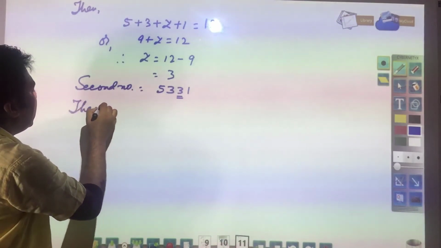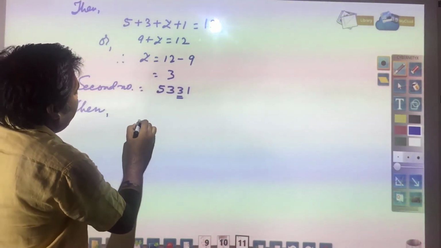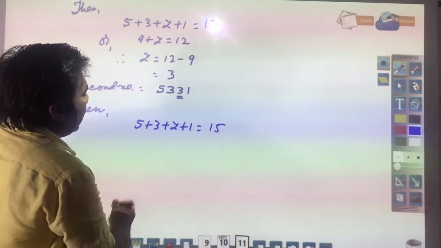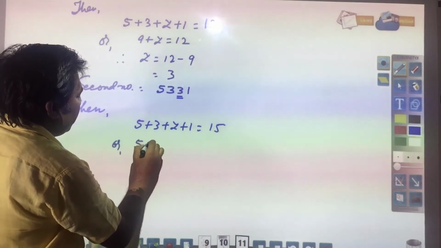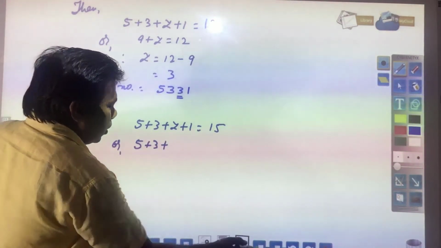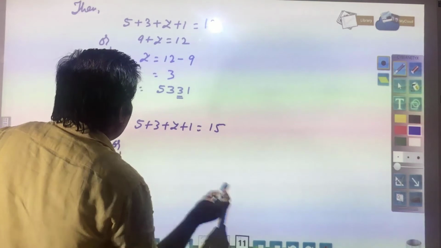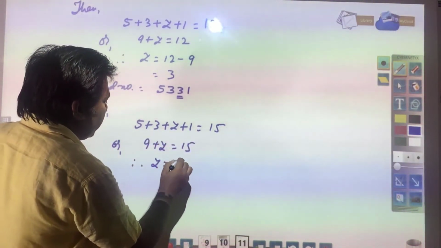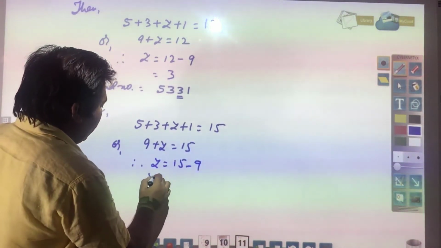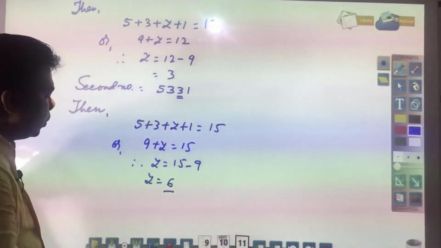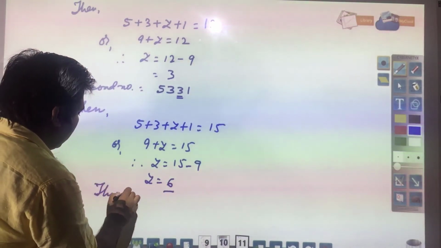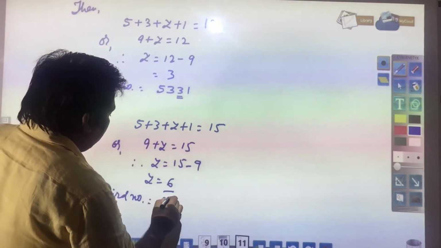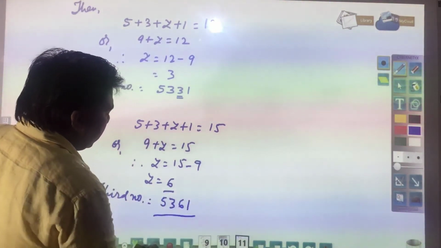Then for the third number you try 5 plus 3 plus y plus 1 is equal to 15. So, you will have 9 plus y is equal to 15 and therefore, y will be equal to 15 minus 9, and y is equal to 6. So, the third number you will have is 5361.